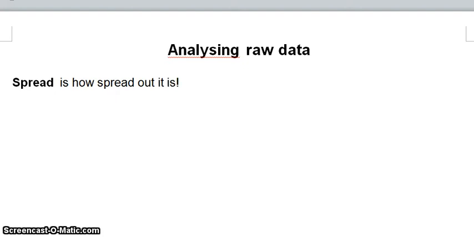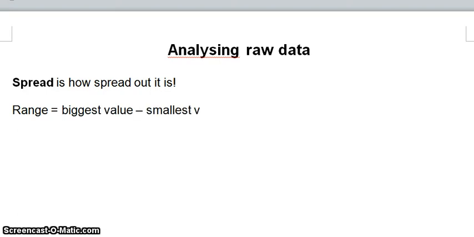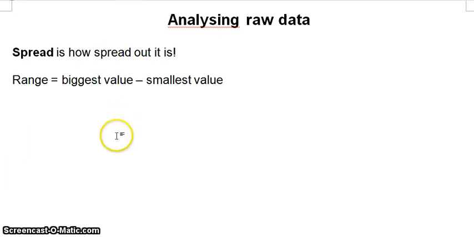And the simplest one that we can look at is called the range. The range of the data is very, very straightforward. All you want to know is what's the biggest value, and then you subtract the smallest value, and that gives you the range. That's how far spread out it is.